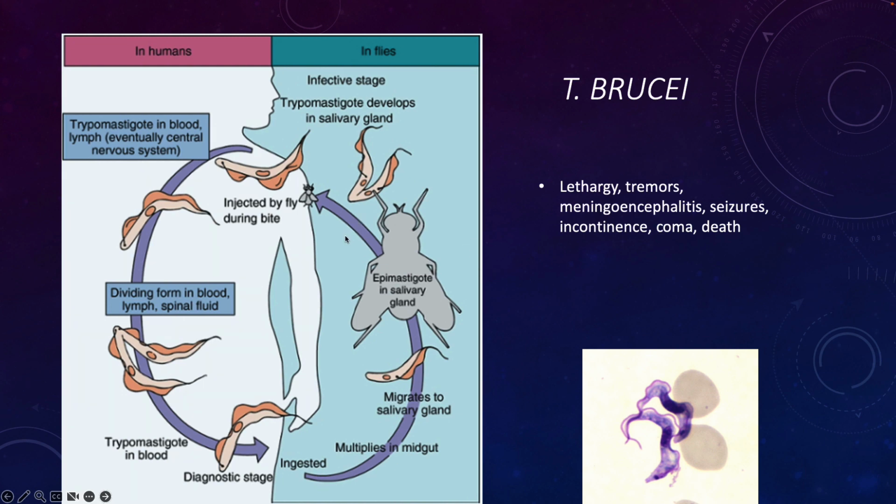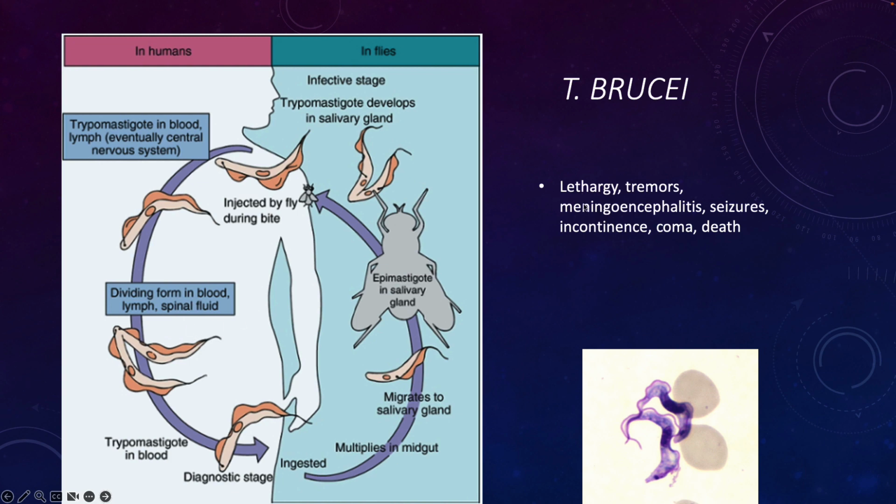You have multiple life stages, but a patient is bitten by a tsetse fly. The life stage of the trypanosoma that's infectious is injected into the body. It will divide. It goes into the blood, the lymph, the spinal fluid. And so that's why it can cause nervous system complications, because it can get into the spinal fluid and the brain.